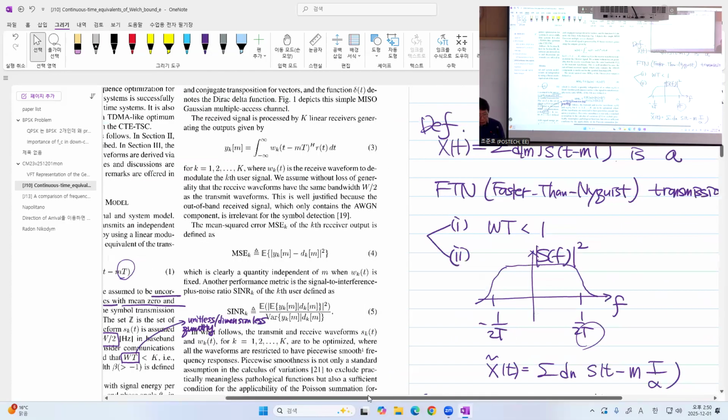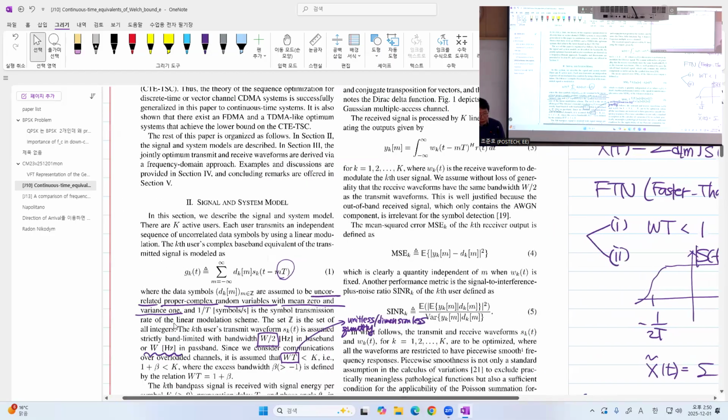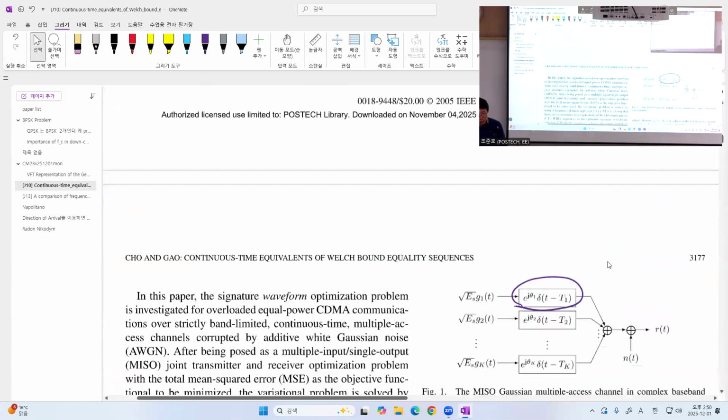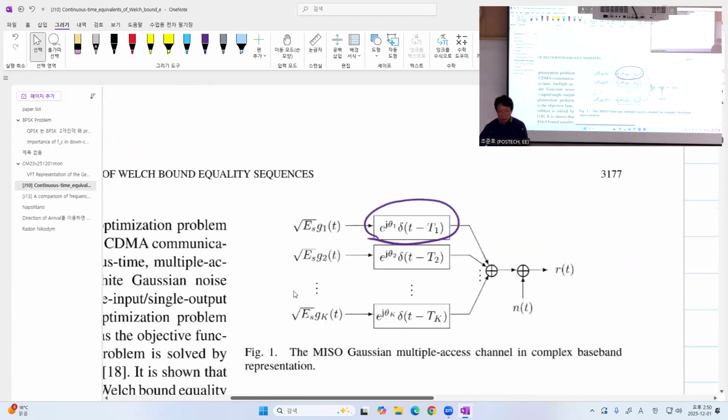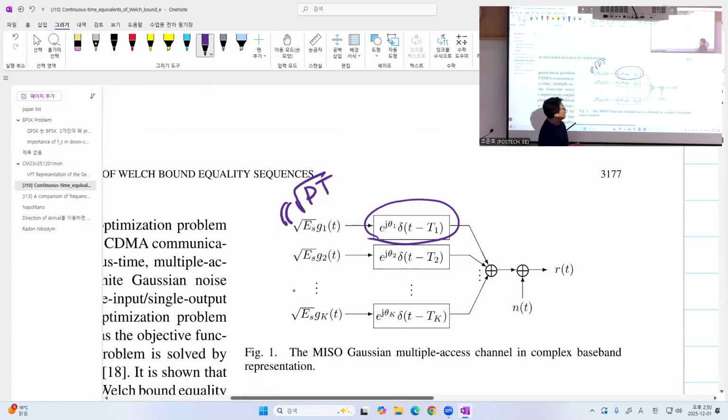So let's see. We have this signal, and here goes the normalization. E sub s is the PT, what you've seen. Got it? Since we now normalize the transmit pulse's energy as 1, we need to scale with the square root of PT to make everything simple.